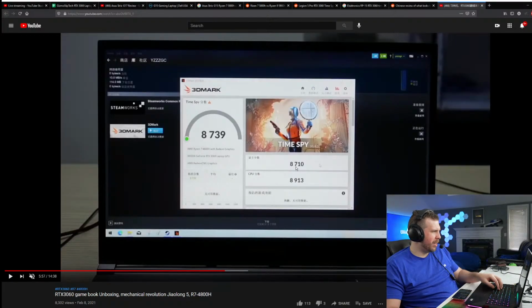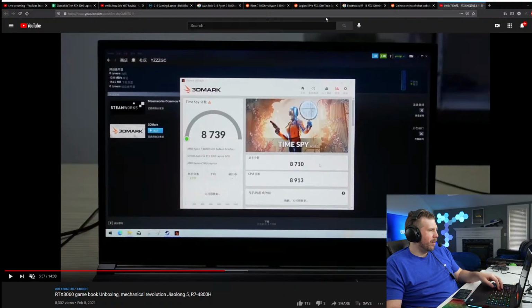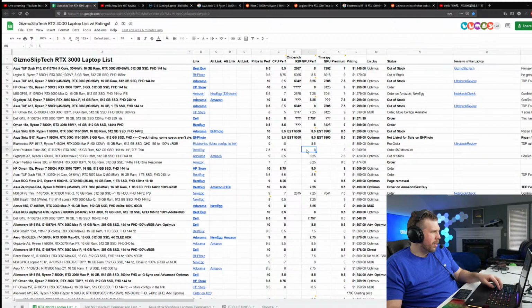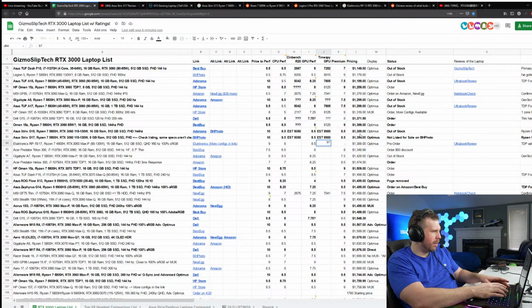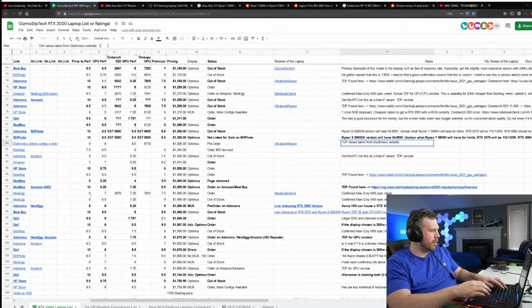There it is, 8710. 8710 for the RP15 right here. Okay, and for our Cinebench score, I don't know if he's going to have that, but let's go ahead and put this value in here. Time Spy.